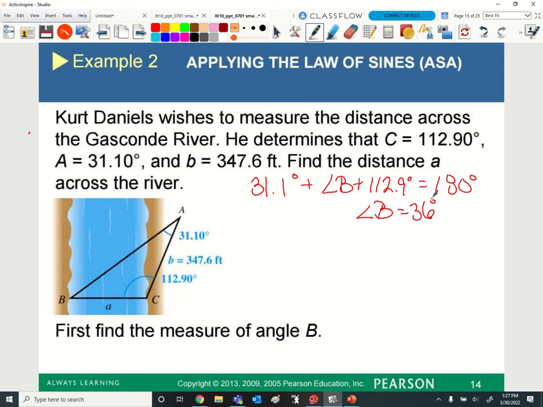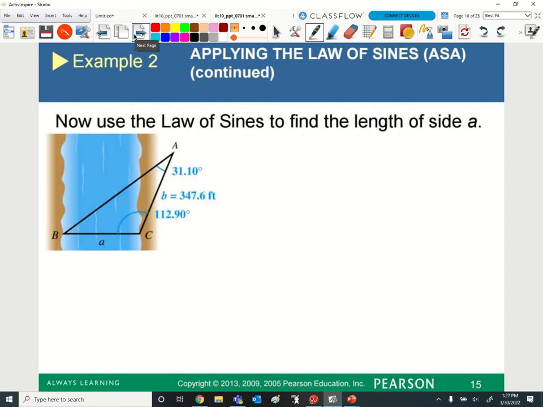Now, do I have a pair? I have big B and little b, so I could use that as my pair. So I'm going to put it here, 36 degrees. I'm going to go to the next page to make it a little bit easier. There you go. So let's set up using law of sines.